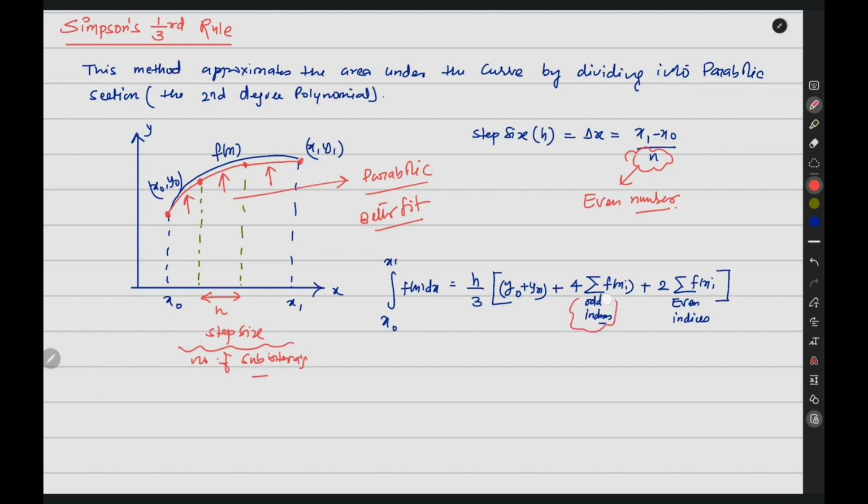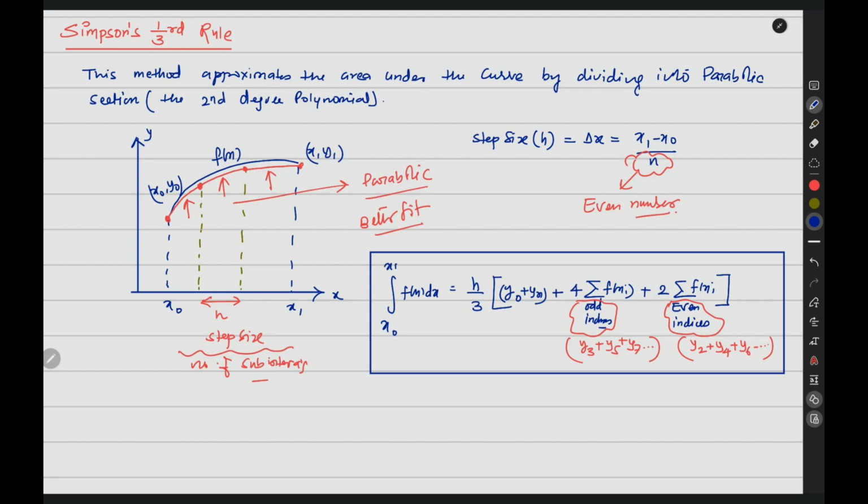So odd indices here mean that these terms are y1, y3, y5, y7 and all odd terms, whereas even indices means all the even terms, that is y2 plus y4 plus y6. So this is the formula.